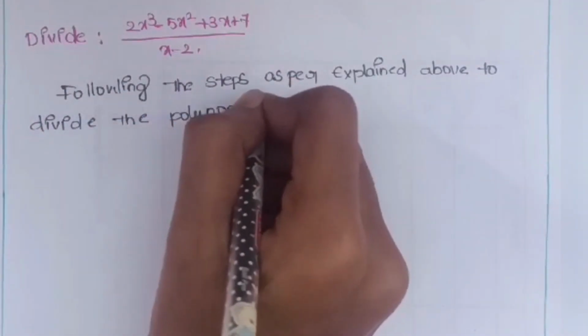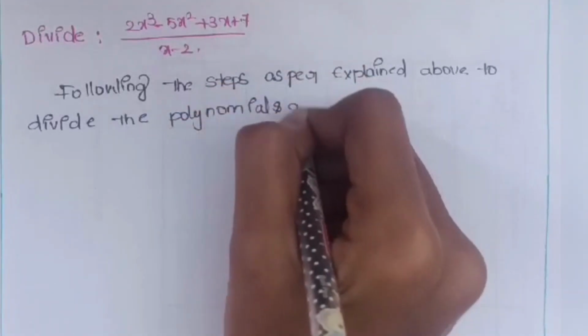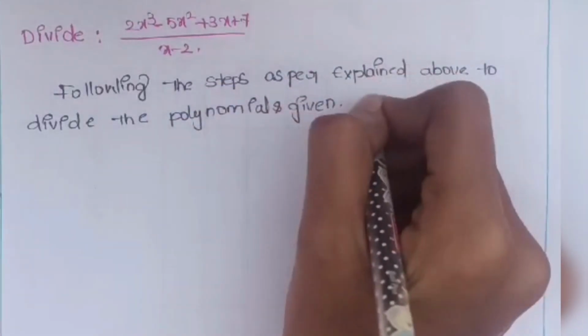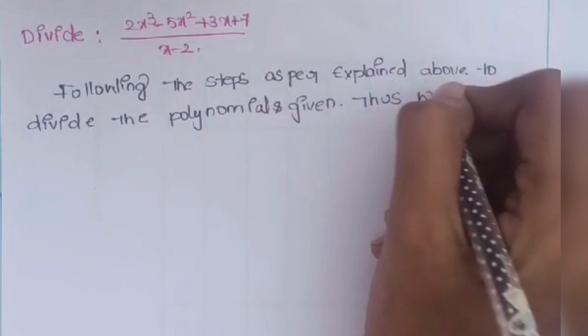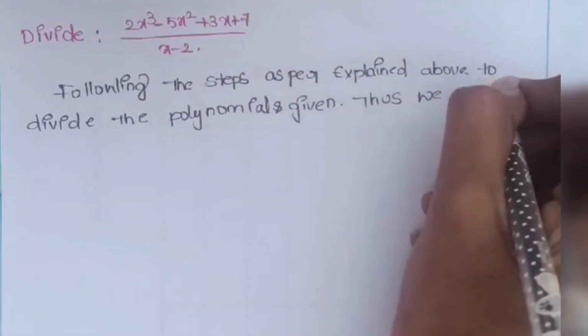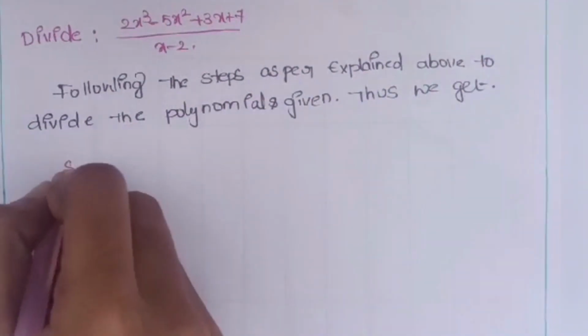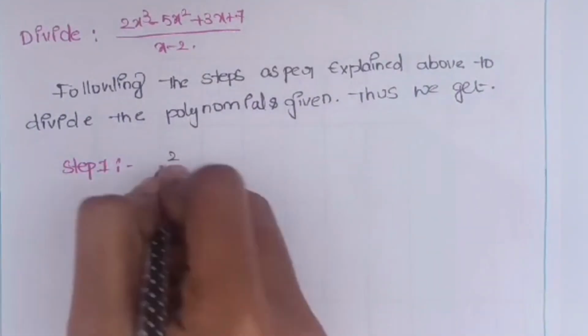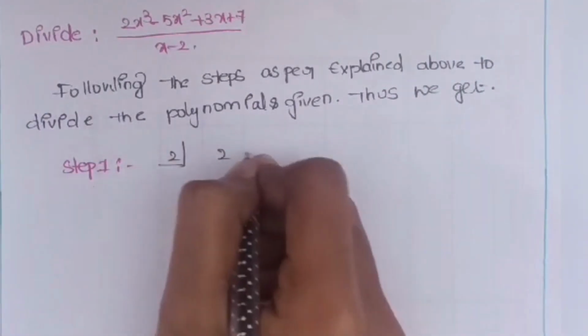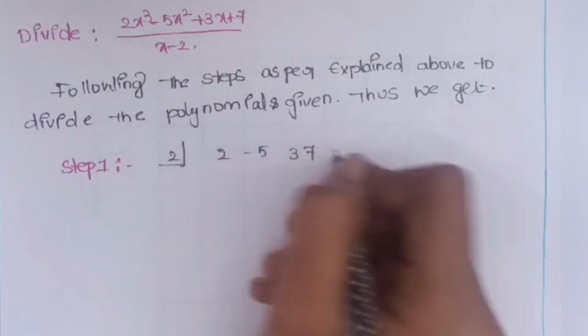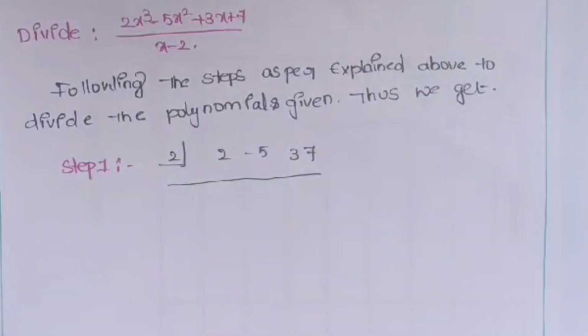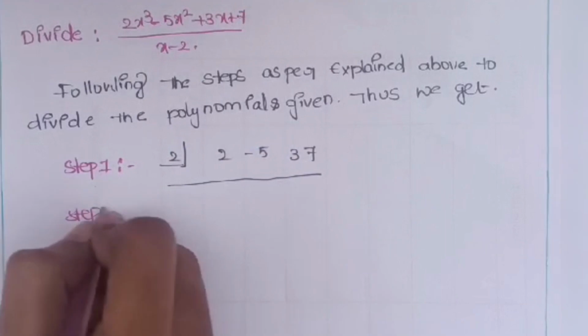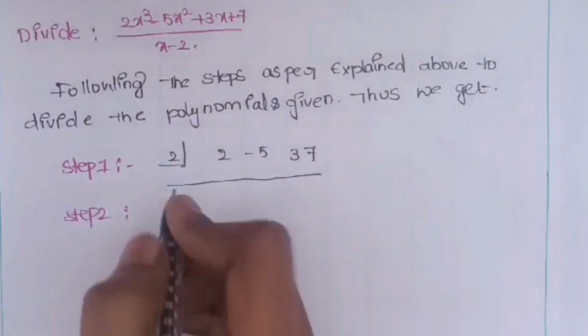First of all, I'm giving you an overview of synthetic division. We need to take the coefficients of this equation. For example, we have 2x cube minus 5x square plus 3x plus 1, and we need to take all the coefficients and write them down. Also, we equate x minus 2 to 0, so we take one factor from this: x minus 2 is equal to 0, and here x is equal to 2.